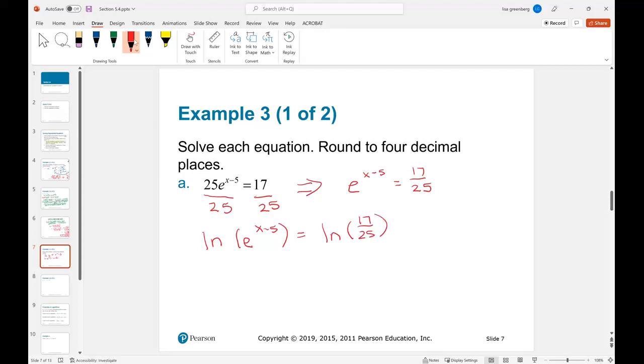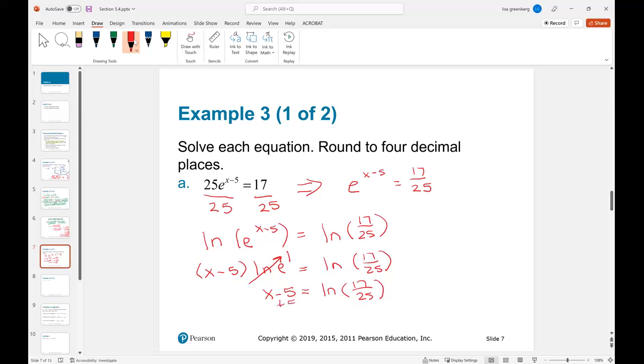And now I can use my power rule. So I have x minus 5 times ln of e is equal to ln of 17 over 25. Ln of e, we've said a bunch of times, is 1. So I end up with x minus 5 is equal to the natural log of 17 divided by 25.